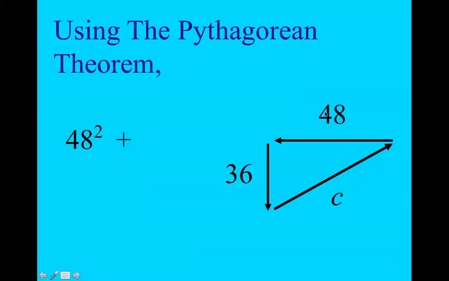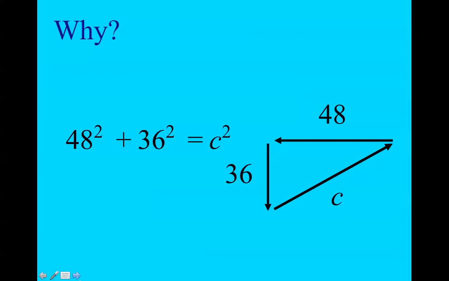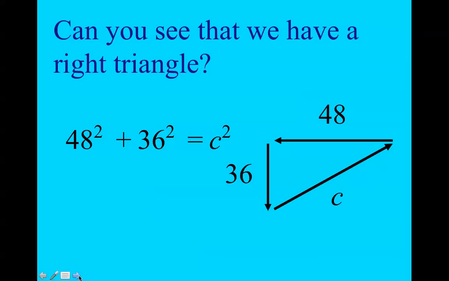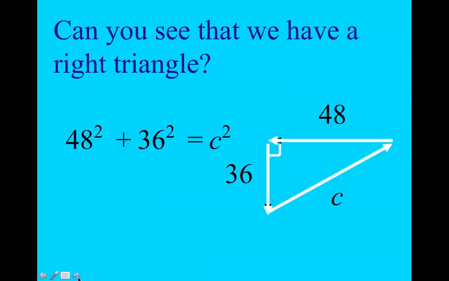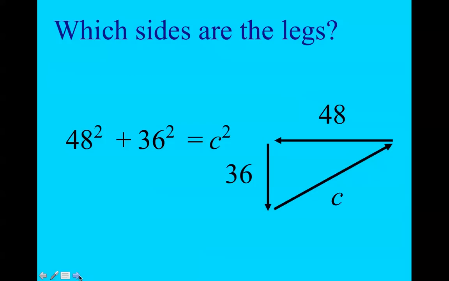So here's my leg, 48, so I'm going to square that. Here's my leg of 36, so I'm going to square that. And that's going to equal c squared, or our hypotenuse squared. Once again, can't you see that we're making a right triangle here? We drove 48 miles west, we turned and we drove 36 miles south. Like we already said, these sides are the legs, 48 and 36.